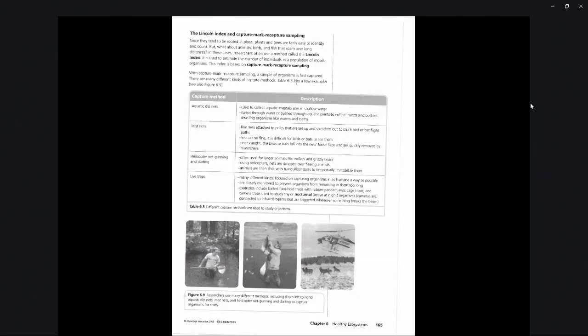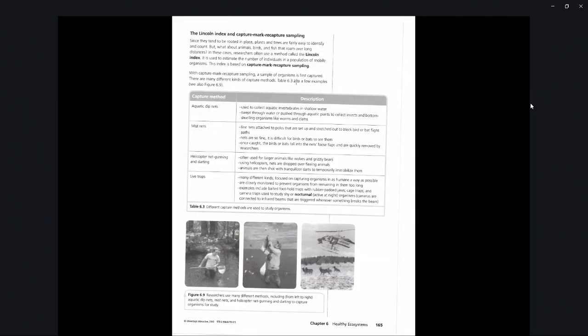Mist nets is the second type of net. You can see in the bottom picture on page 165, there's somebody there with a mist net. It has fine nets that are attached to poles, and they block bird and bat flights. So those are how they catch birds and bats. It's difficult to see, so the birds and bats don't see them.